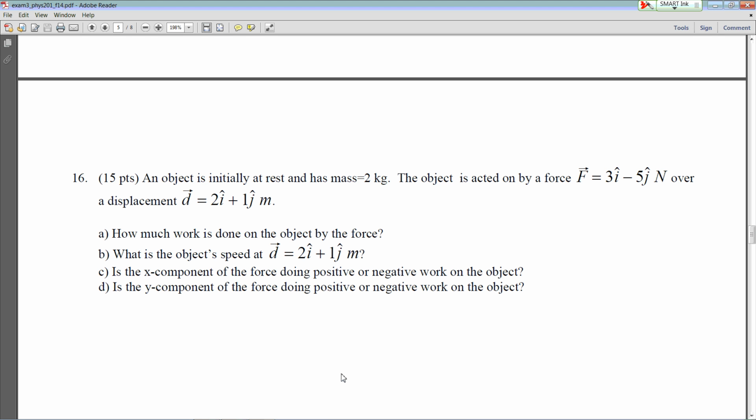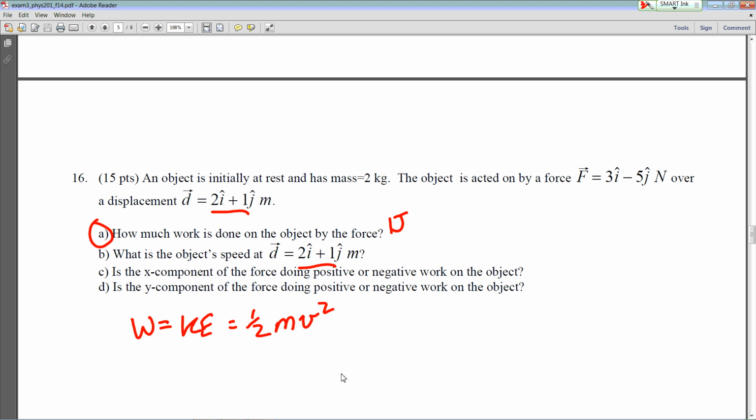This one is related to the work energy theorem. Once you know the amount of work done here, this position is the same as this position, then you know its energy. How much work was for part A? I just had 1 joule here, and so that work is all converted into kinetic energy, which is 1/2 mv squared.